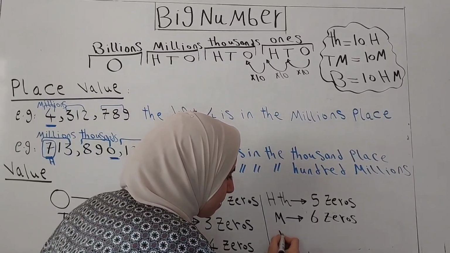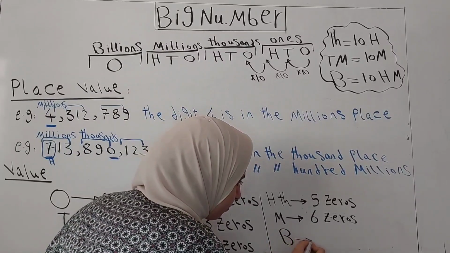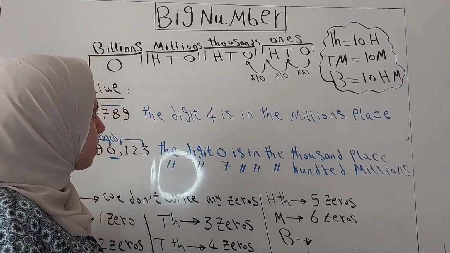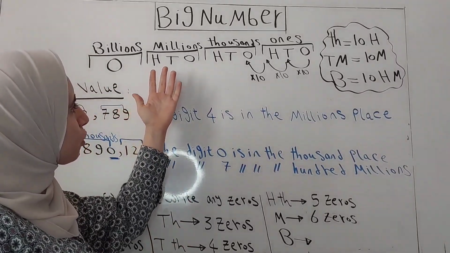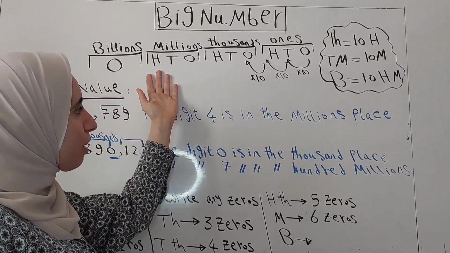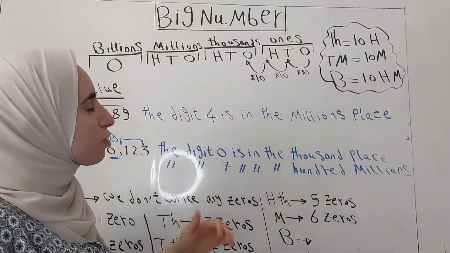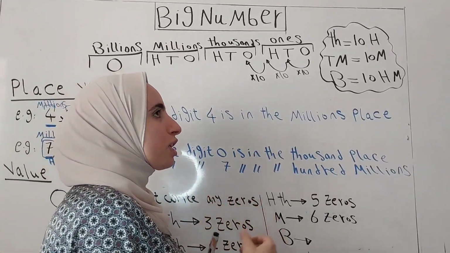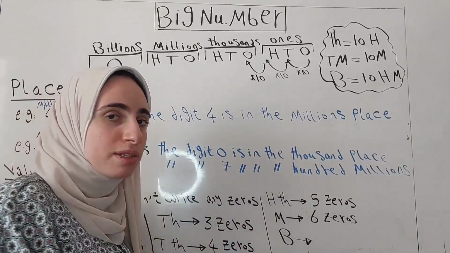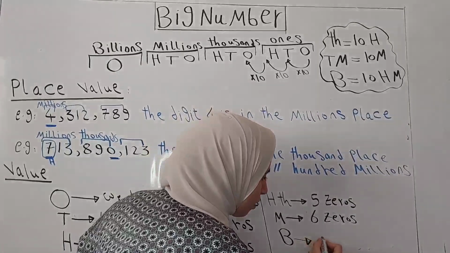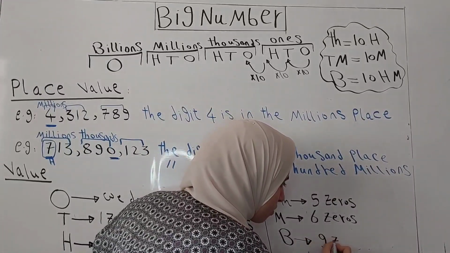And if the digit is in the billions place, we put 3 zeros for the millions family, 3 zeros for the thousand family, and 3 zeros for the ones family. 3 plus 3 plus 3, or 3 times 3, equals 9 zeros.